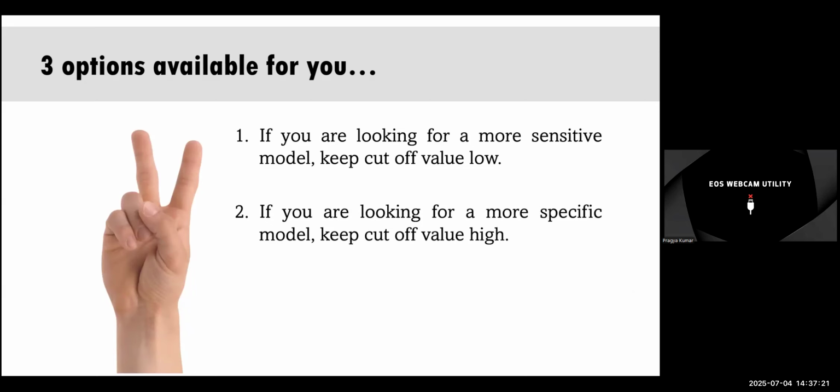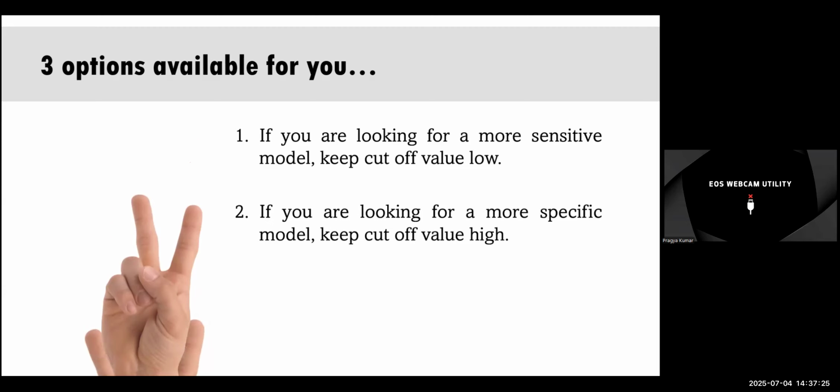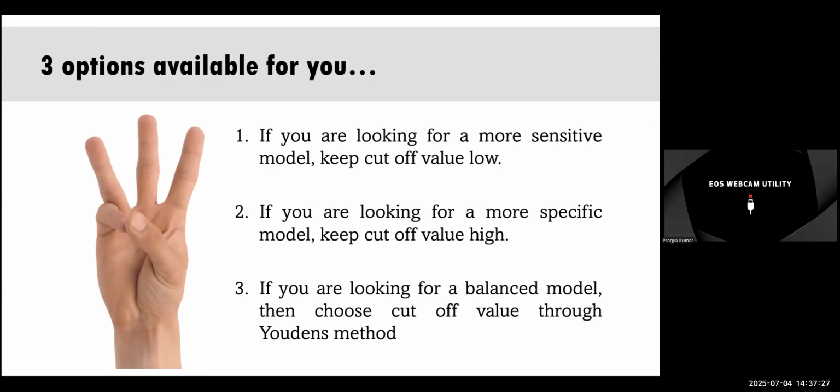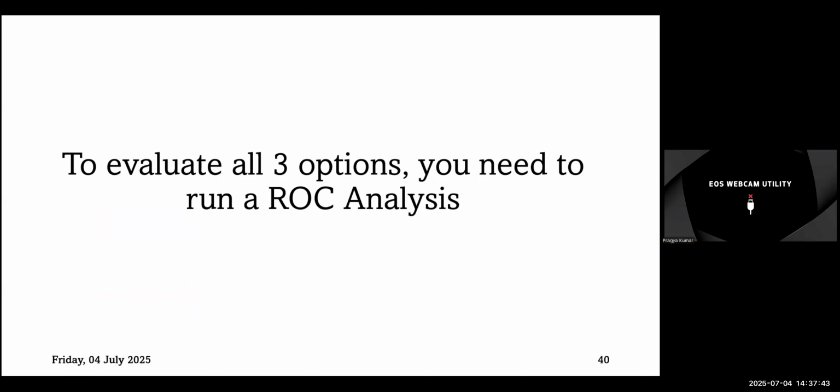But if I want a trade-off between high specificity and high sensitivity, then I'll use something known as the Youden index. Jamovi gives this as output. It calculates this and tells you which cutoff you should use, which is the optimal balance between sensitivity and specificity.